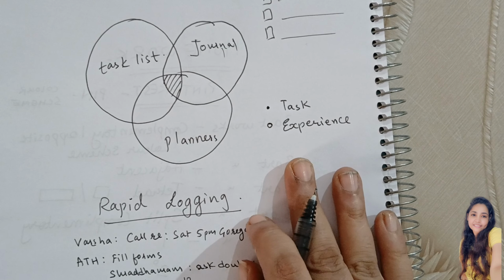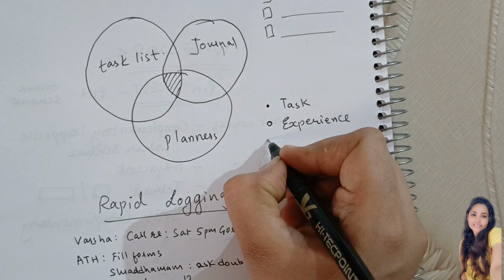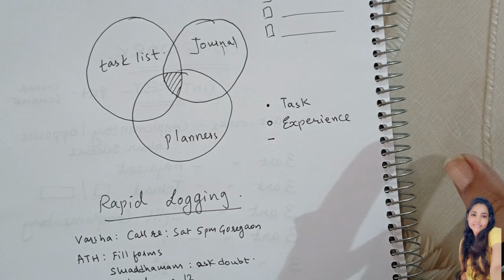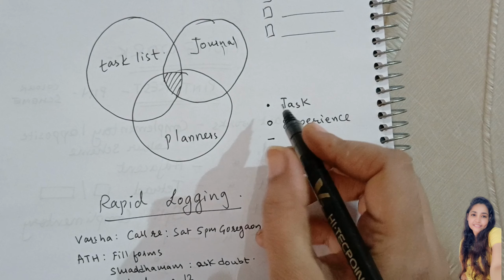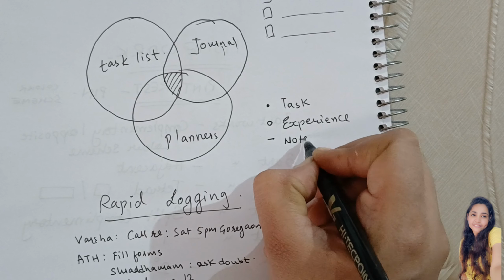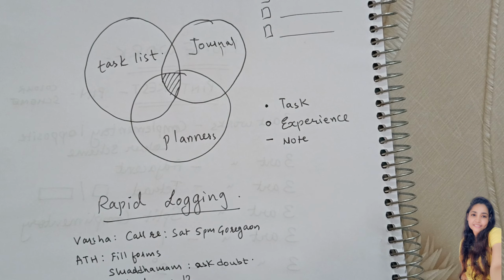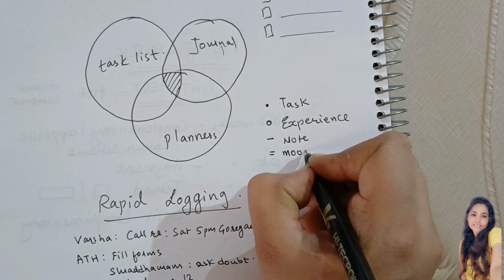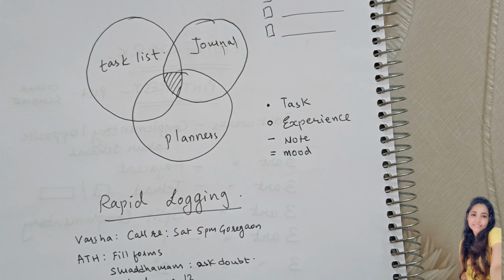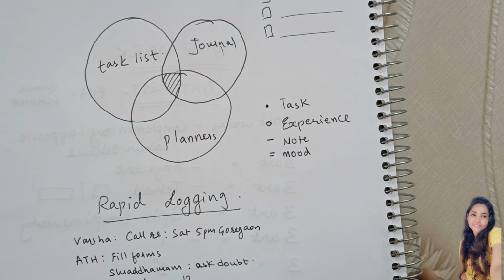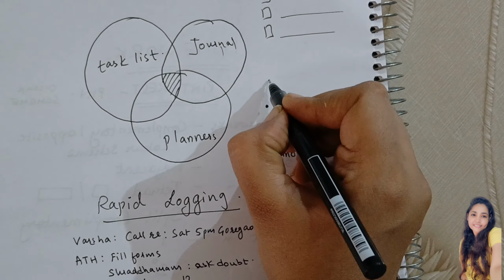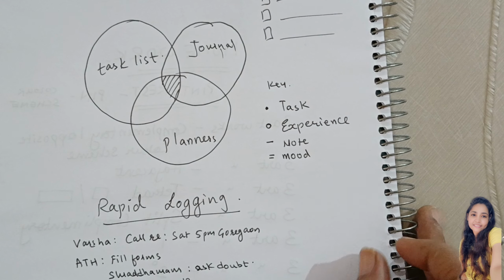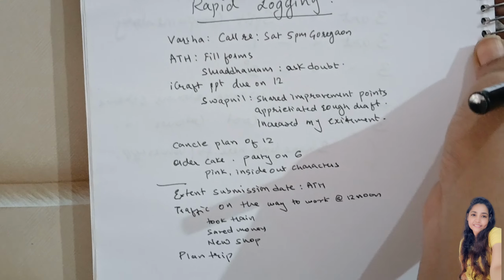Anything which is just a note, not a to-do thing and not even an experience, something that you have to just remember, you can give a dash to it. If it is some kind of feeling or some kind of mood, you can give a double dash to it. Okay, so let us just see. So these are your key, and these are called bullets. Okay, so let us understand which one goes where.